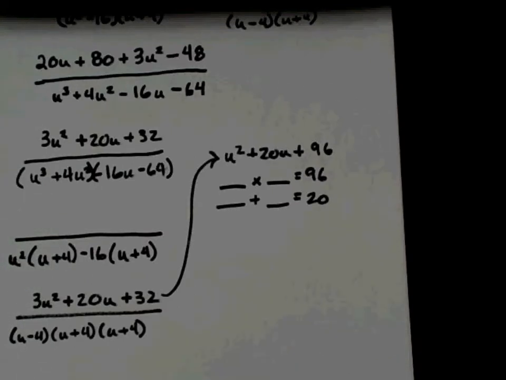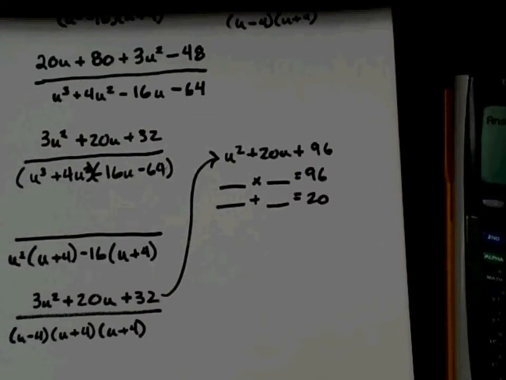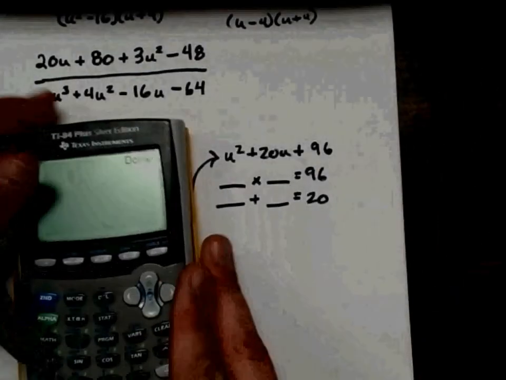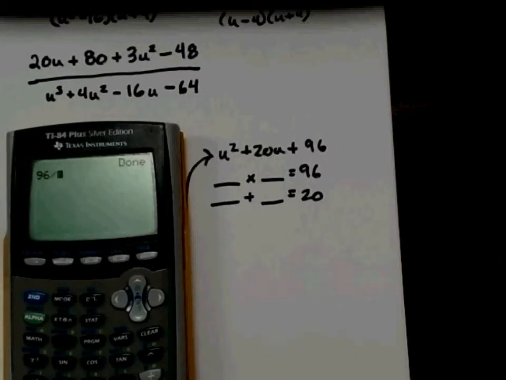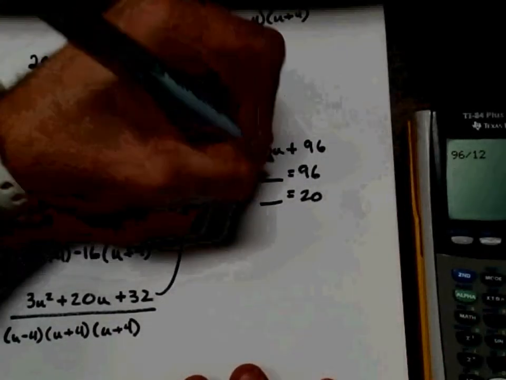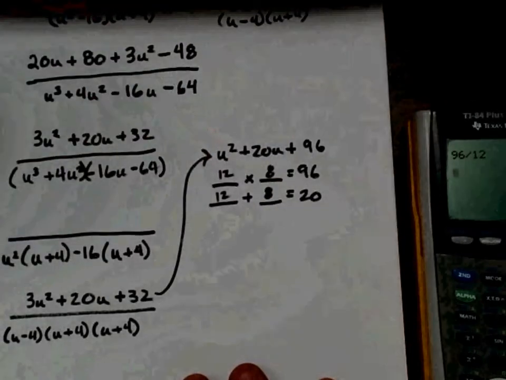They both have to be positive. We'll check some numbers here, which will be 96 divided by 12. That makes 20. There it is. So it's 12 and 8.